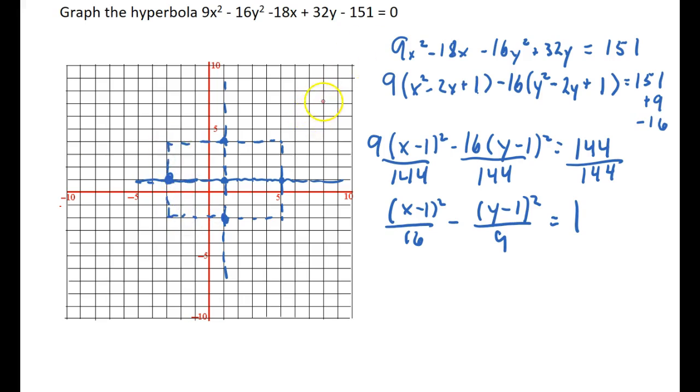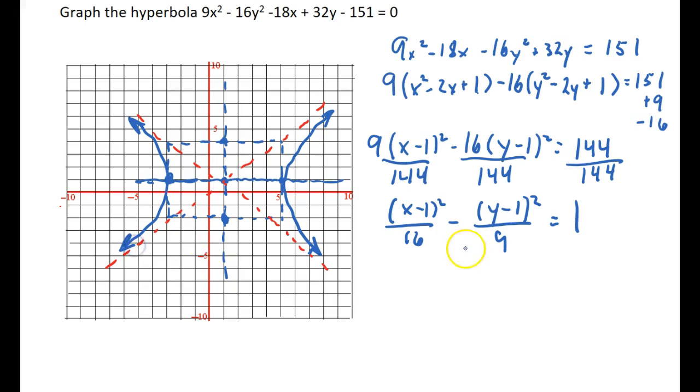And I'll draw the asymptotes in red. There's one. There's the other one. Okay, we have x squared minus y squared, so the hyperbola is going to be going horizontally, like that.